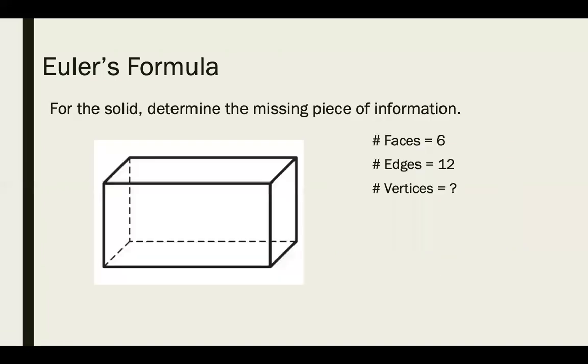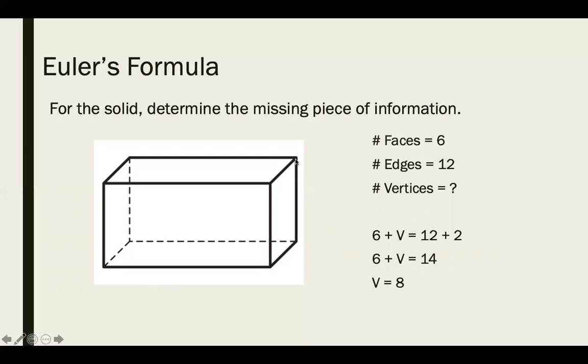All right, so let's look at this box, and we're going to determine the missing piece of information. We've got 6 faces, 12 edges, but how many vertices? So we're going to use that formula. F plus V equals E plus 2. So let's plug in what we know. We know everything but the number of vertices, and we're going to solve for V. So there are 8 vertices, which hopefully you can see.